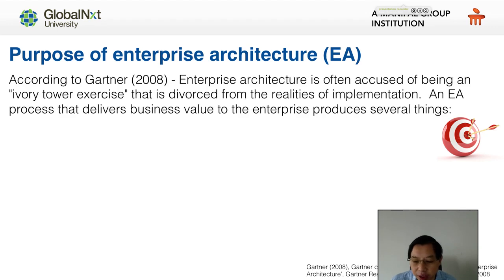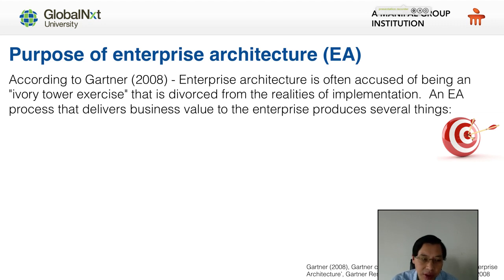Well, this is something that I've taken from Gartner. They say enterprise architecture is often accused of being some kind of ivory tower exercise that's divorced from the realities of implementation. And the way I've spoken about enterprise architecture, you could treat it almost as an academic exercise, and that would obviously be the wrong way to approach it.